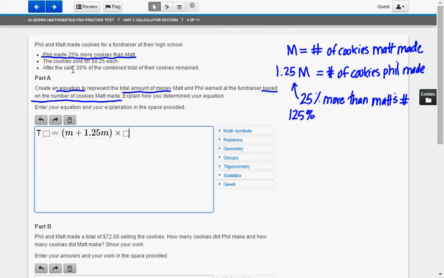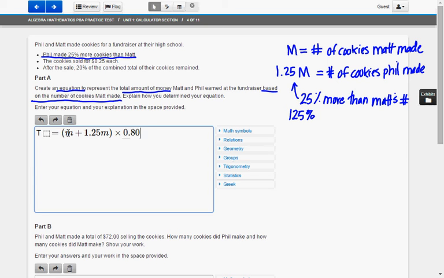I was told that after the sale, 20% of their cookies were left. That means that they sold 80% of the cookies. I need to take this M plus 1.25 M, that's the total cookies that they made, excuse me, that's how many they made. I need to multiply that by 80%, so 0.80.